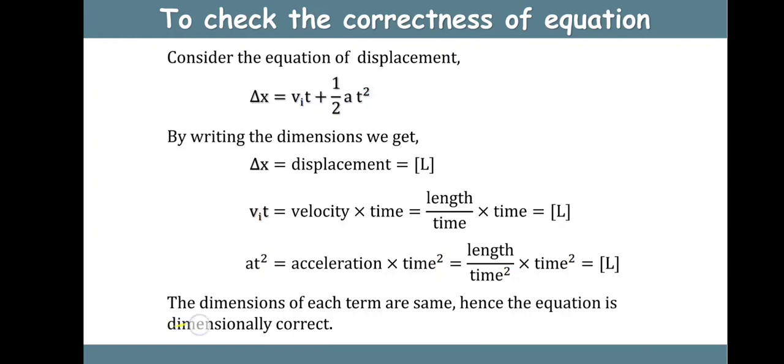So the dimensions of each term are the same, hence the equation is dimensionally correct. On the left hand side, displacement is equal to capital L, and on the right hand side, L plus L always gives L. So on both sides the dimensions are the same. This means the equation is correct.